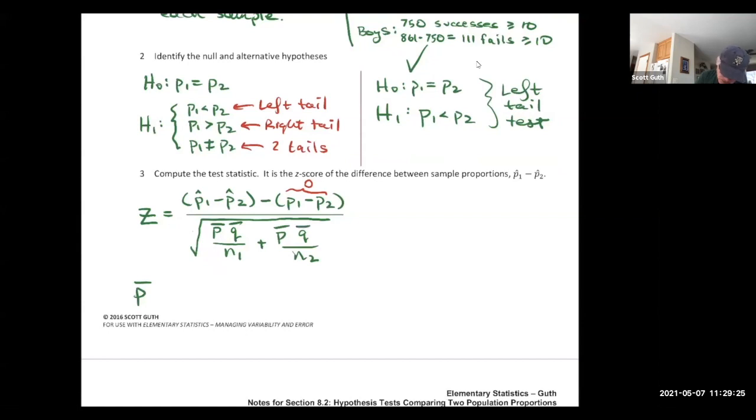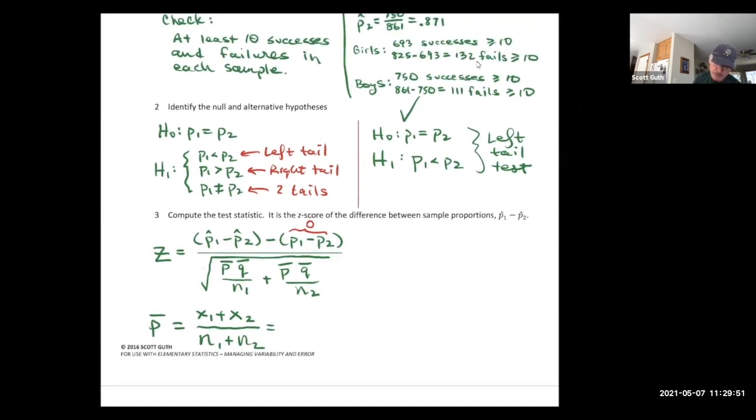P bar is supposed to be that common proportion that's common to both. I'll mix the total number of children, not just boys or girls, but mixing them together now. The total number of children allowed to go to school divided by the total number of children in my samples combined. We're going to call this the pooled proportion.